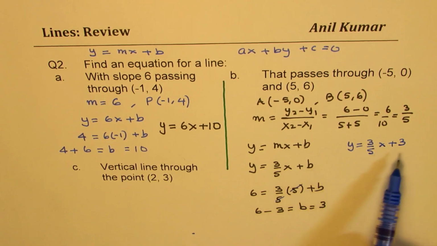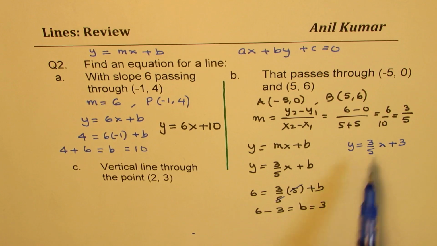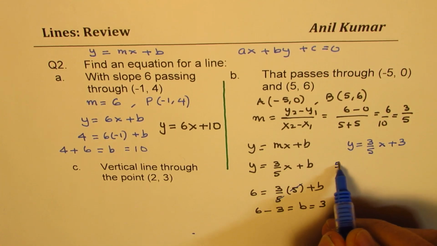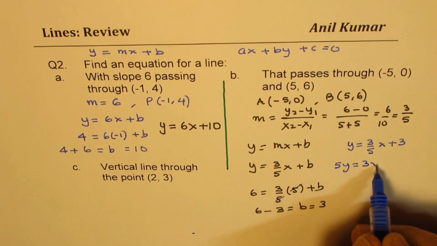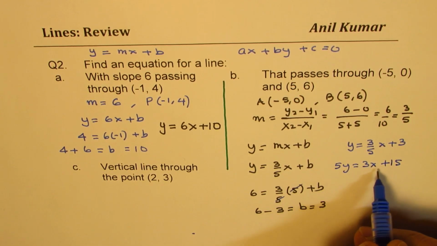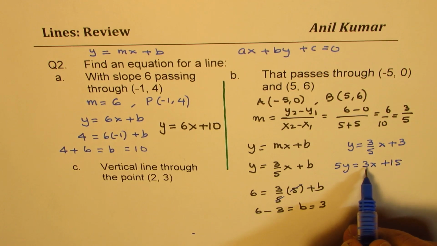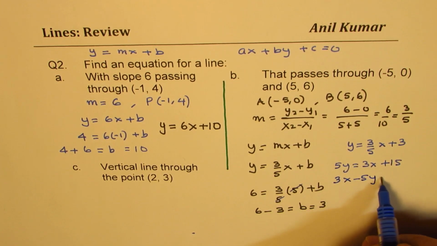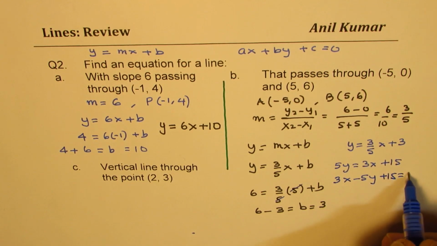Well, if you get this form, you could actually convert it to standard form also. So let's do the conversion as an additional step, not really required. Multiply by 5, we get 5y equals 3x plus 15. Bring them all together. So when you bring them all together, the coefficient of x should always be positive. So we get 3x minus 5y plus 15 equals 0.